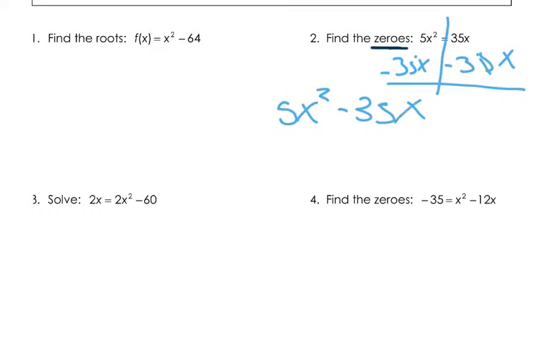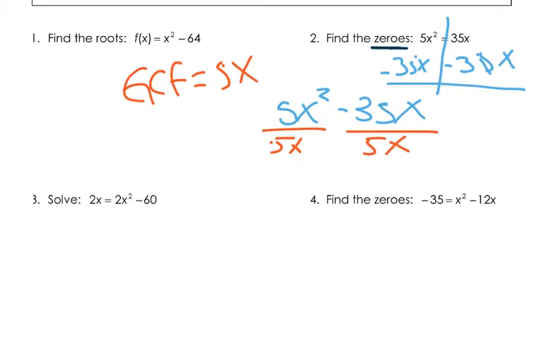In this case, I see that there's a GCF between 5x squared and 35x, and the GCF here would be 5x. So I could divide each term by 5x, and I would have 5x times x minus 7.